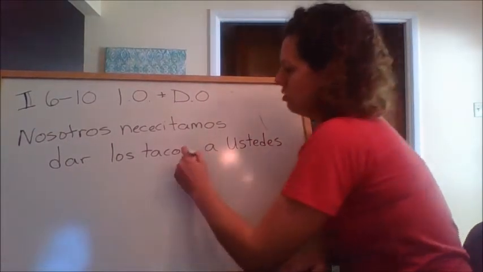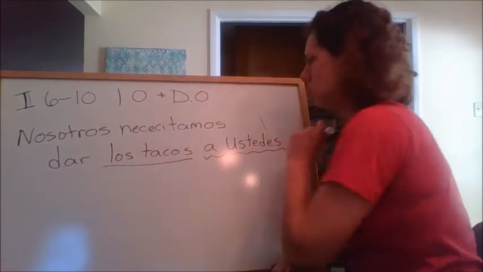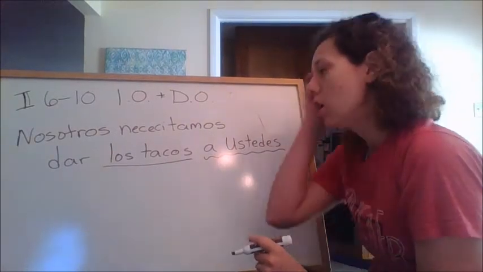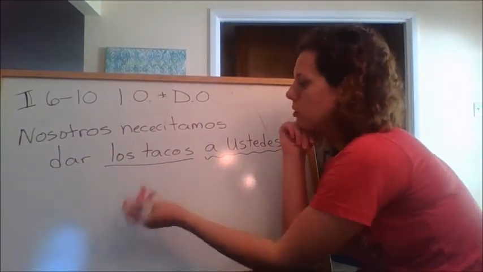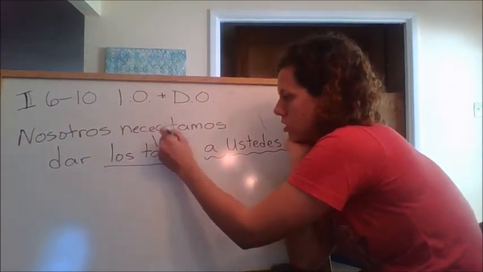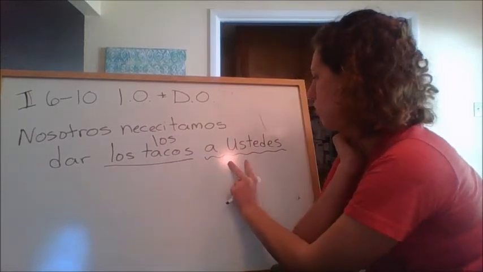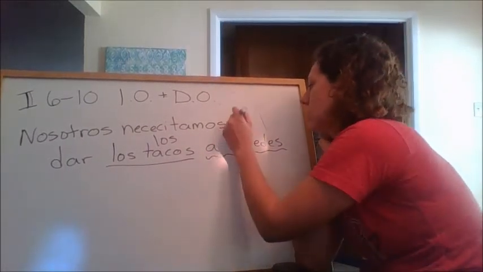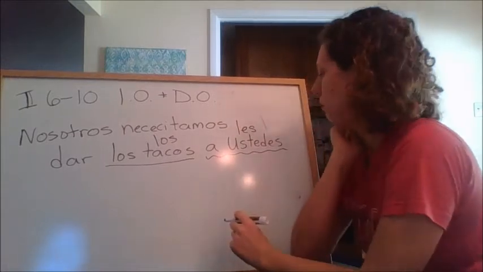Right? So, los tacos a ustedes. Direct, indirect. All right, so los tacos, we're going to replace this with los, our direct object pronoun. We're going to replace a ustedes with les. Okay?